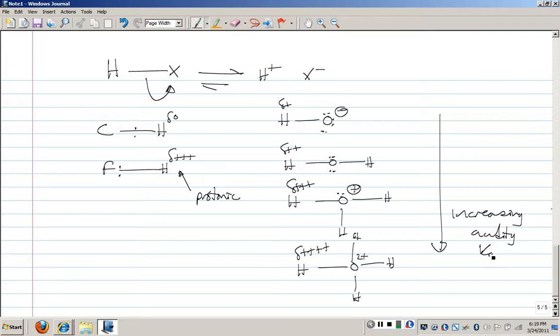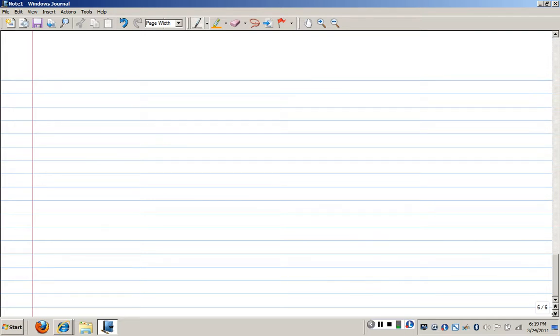Okay? The last factor affecting the strength of an acid is the hybridization state. And we've actually seen this one already. So for example, we know already if I looked at a terminal alkyne, that they are stronger acids than terminal alkenes, or than alkenes in general, which are stronger acids than alkanes.